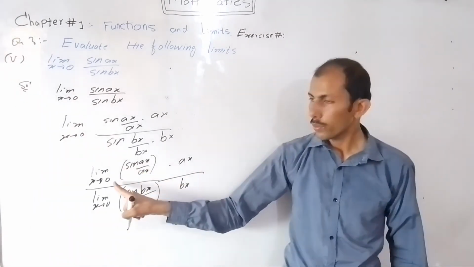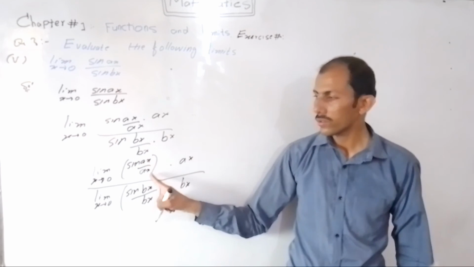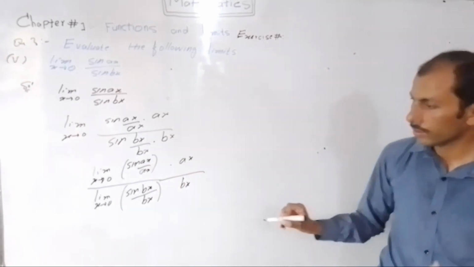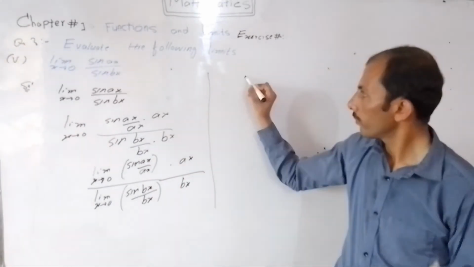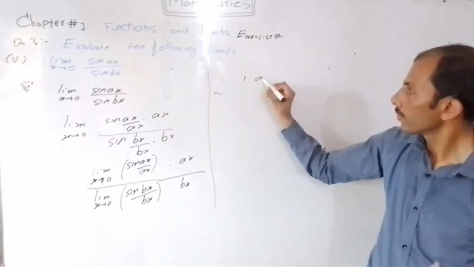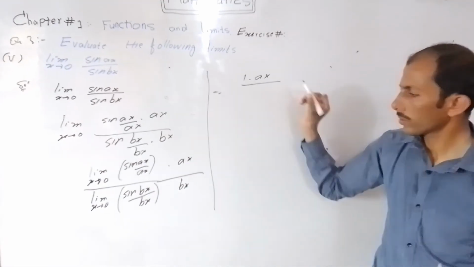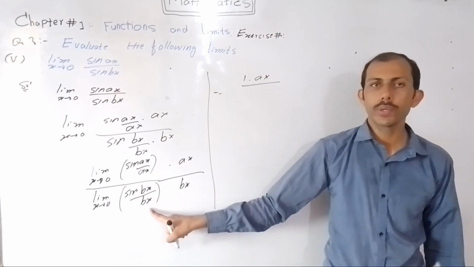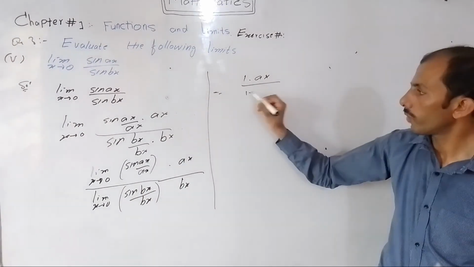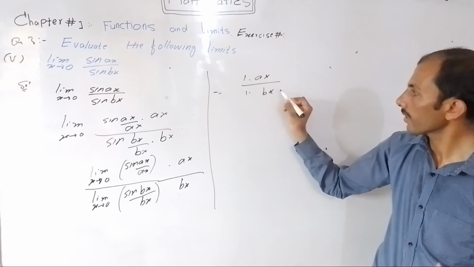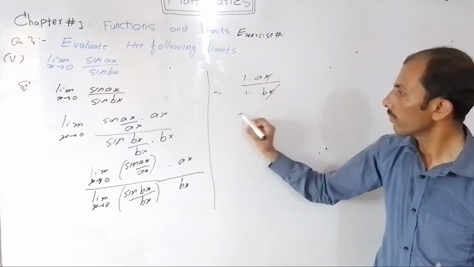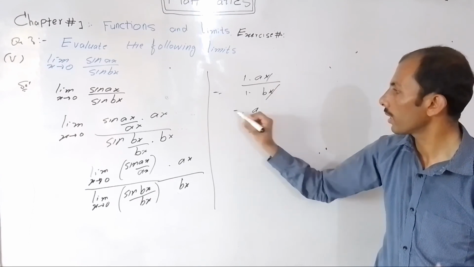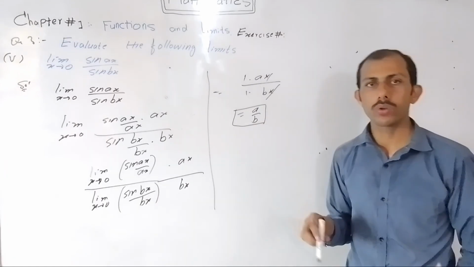Limit x approaches to 0 of sin ax divided by ax is equal to 1 dot ax, and limit x approaches to 0 of sin bx divided by bx is likewise equal to 1 dot bx. So x cancels, which is equal to a divided by b, which is the required solution.